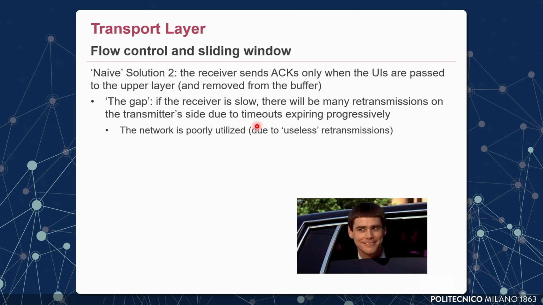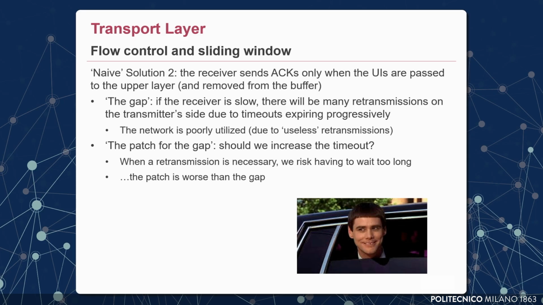If the timeout is not set properly, the receiver being too slow will lead to a lot of retransmissions, and as a result the network resources are utilized very poorly. So what should we do? Should we increase the timeout?